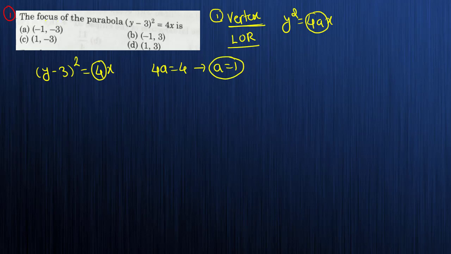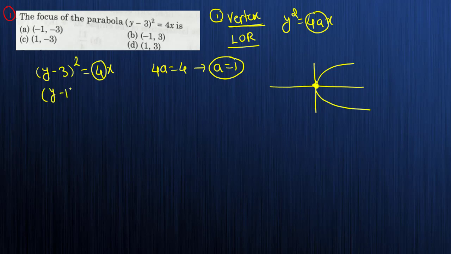देखो they are asking for the focus and you already know it is in the form of y square equals to 4x. मतलब क्या है, this is of this form, this is a right hand sided parabola. ओके, और वर्टेक्स के कोऑर्डिनेट्स क्या हैं, it is (h, k).